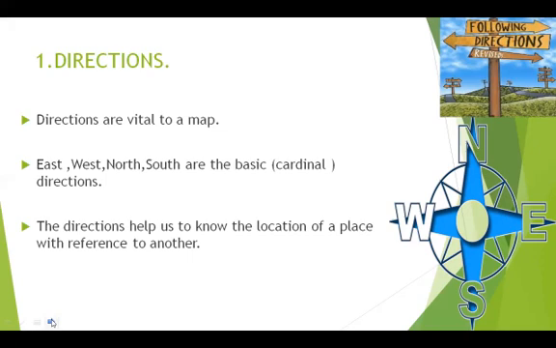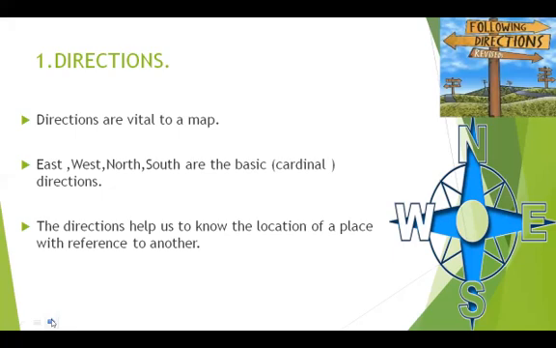In the last lesson, we have discussed the political map of Pakistan and we have studied the features of political map of Pakistan with the help of cardinal directions. In routine or daily life, directions are very helpful during traveling from one place to another and from one object to another.